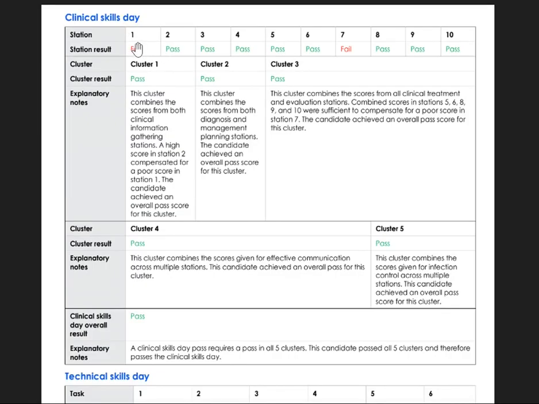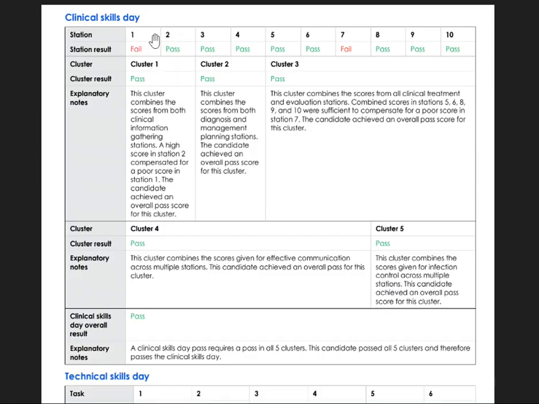Now, let's look over here. Station 1, the candidate failed. Station 2, the candidate passed. So, the total score for the first cluster is the combination of the score in both station 1 and station 2.